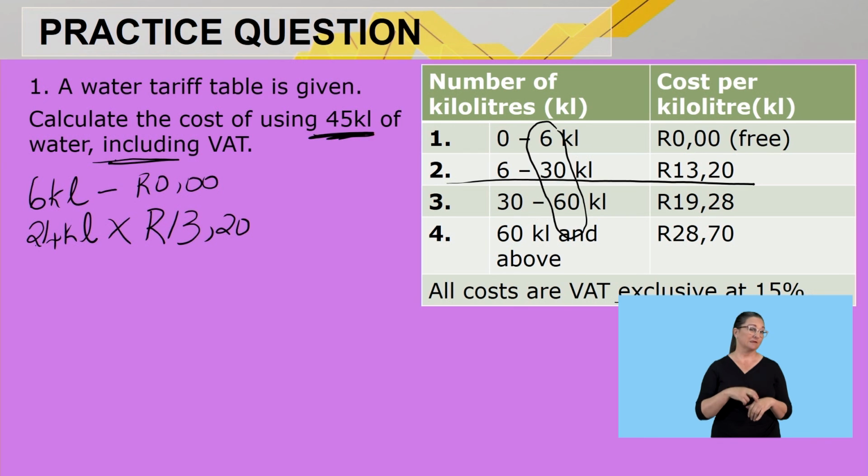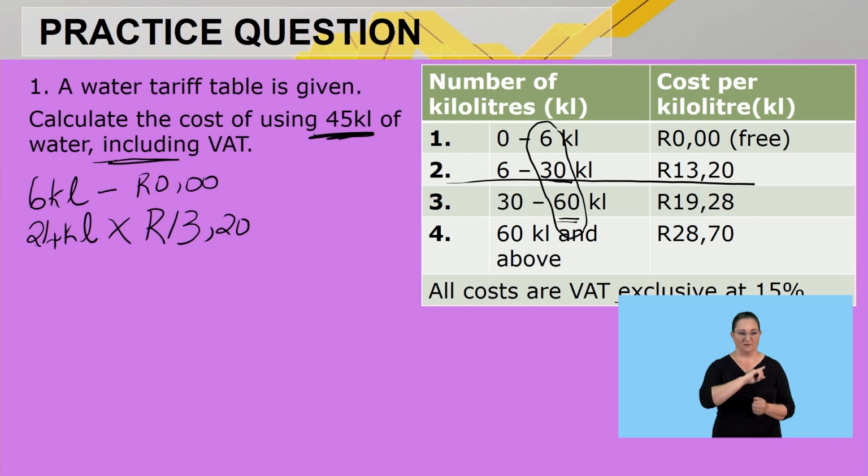Then, meaning we need to go to the third block, because on the second block we can only take 24. When we get to the third block, if you say 60 minus 30, it will give you 30. Now, how much do we need in order for us to have this 45? Now, we only need 15. So it means in this 60 minus 30, having our 30 kiloliters, we are only going to take 15, because that is only what we need right now.